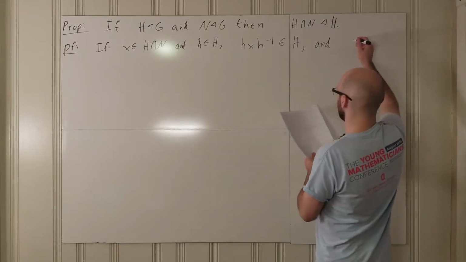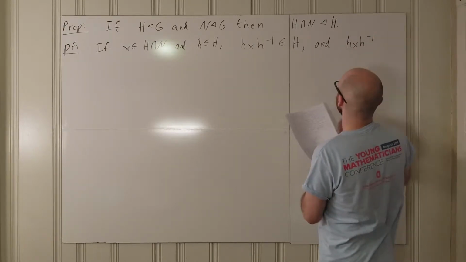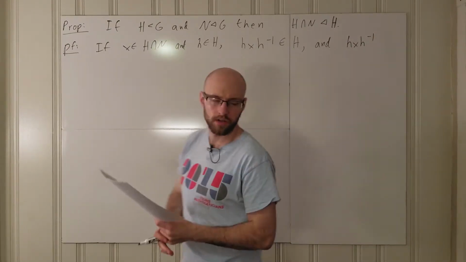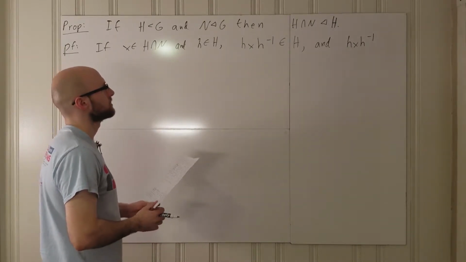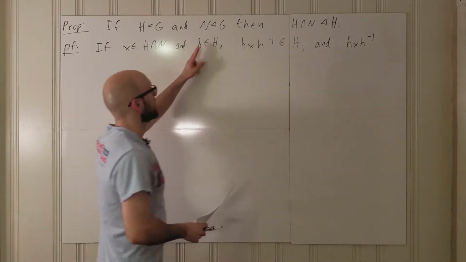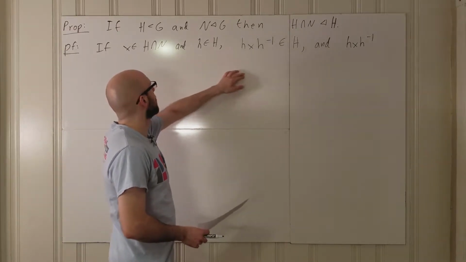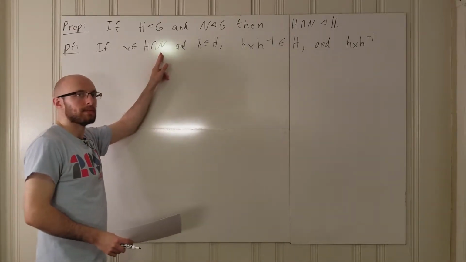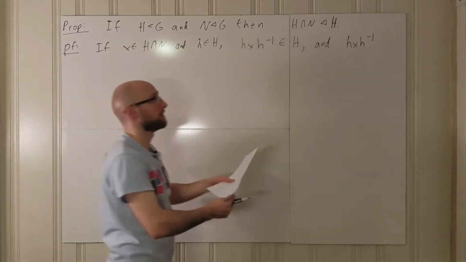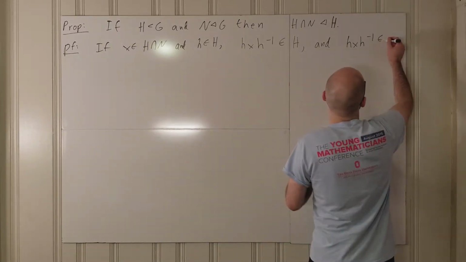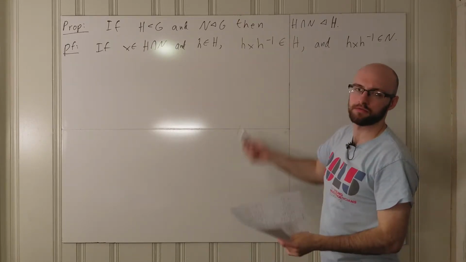And, well, if we do h x h inverse, now if we use the normality of N in G, then what we're doing is taking an element, x is in N, so we're taking an element of N and conjugating it by an element of G. And so this is going to be an element of N, because that's what normality means.